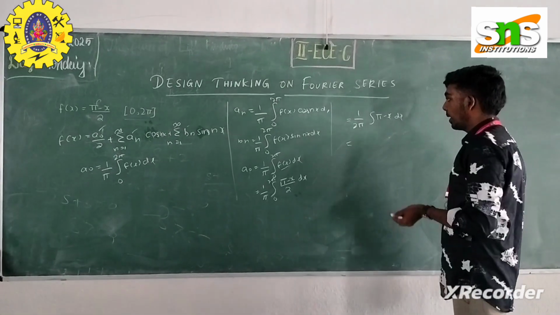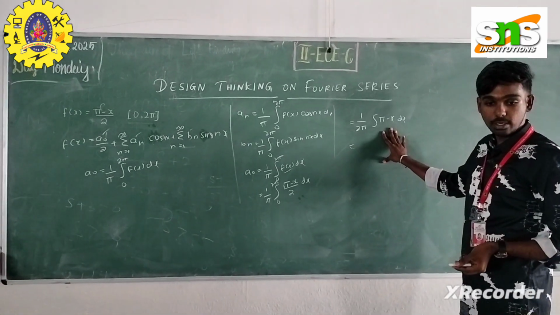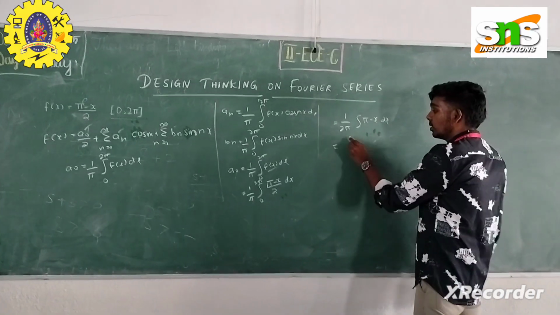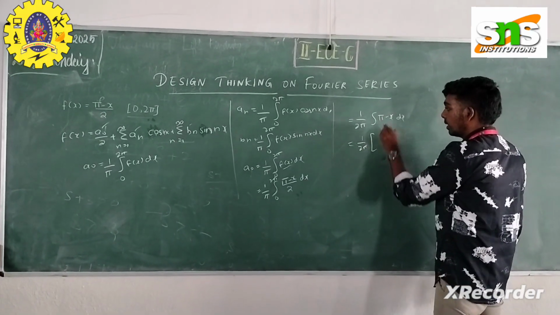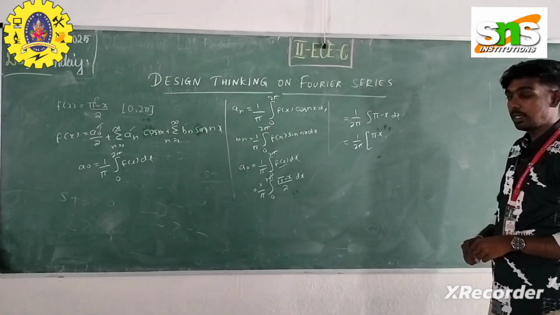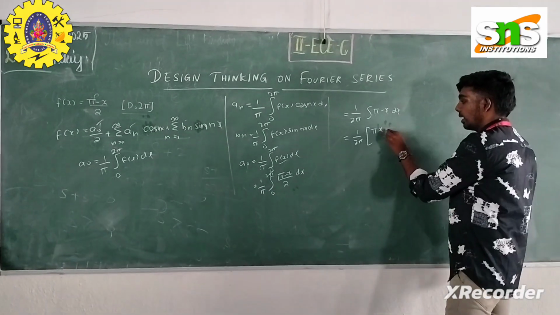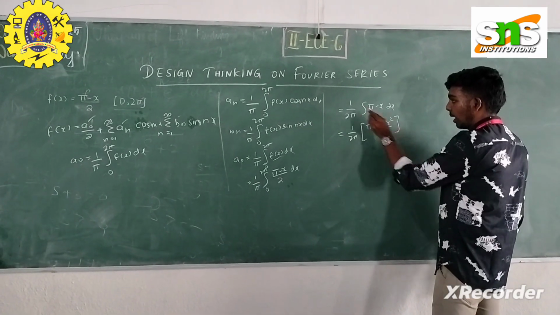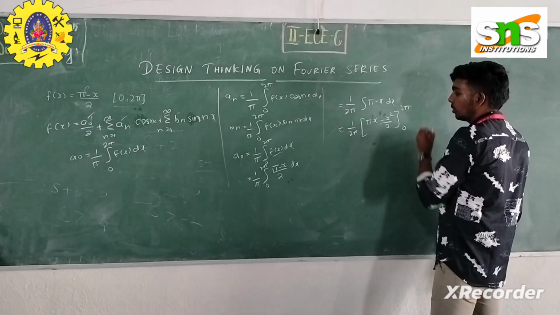On integrating pi minus x, pi is a constant, so we get pi x, and integrating x gives x squared by 2, with the limit 0 to 2 pi.